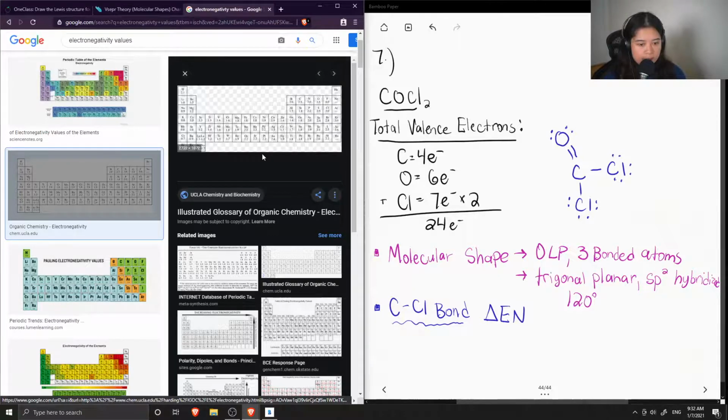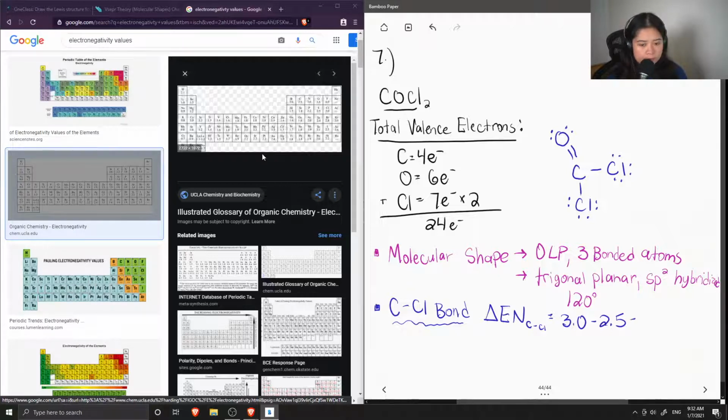So the difference in electronegativity of a carbon and chlorine bond. Chlorine has an electronegativity of 3, and carbon's is 2.5. So the difference is 0.5.